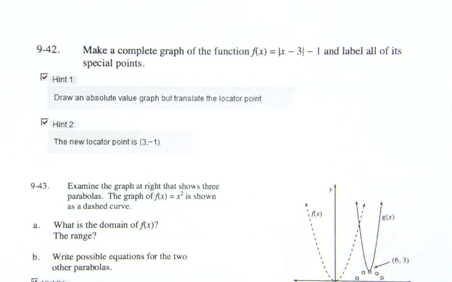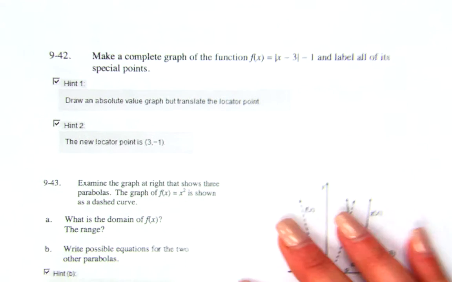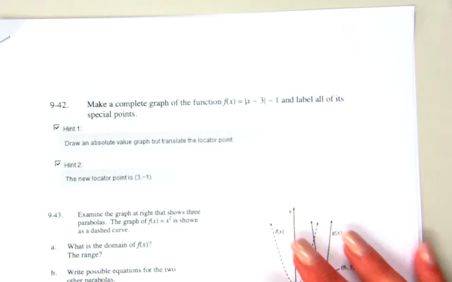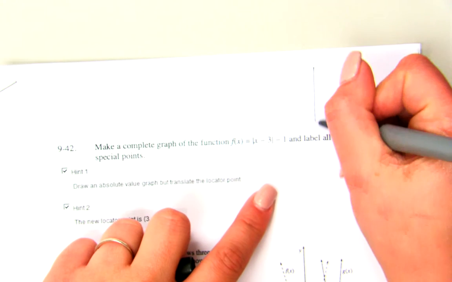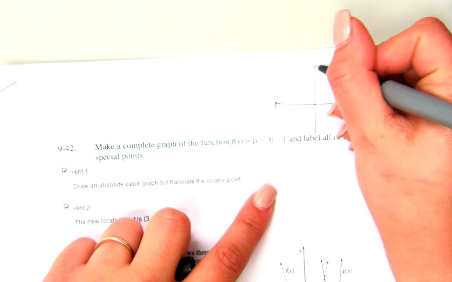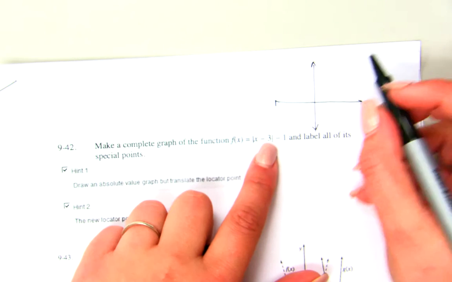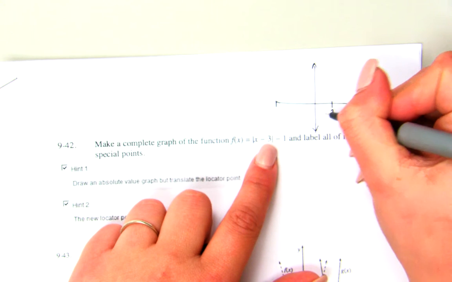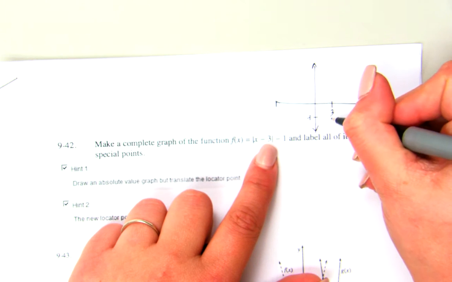First one, make a complete graph of the function f of x equals absolute value of x minus 3 minus 1, and label all of its special points. So basically, you want to actually graph it. We know the vertex is at positive 3 and negative 1, so it's going to be somewhere down here.